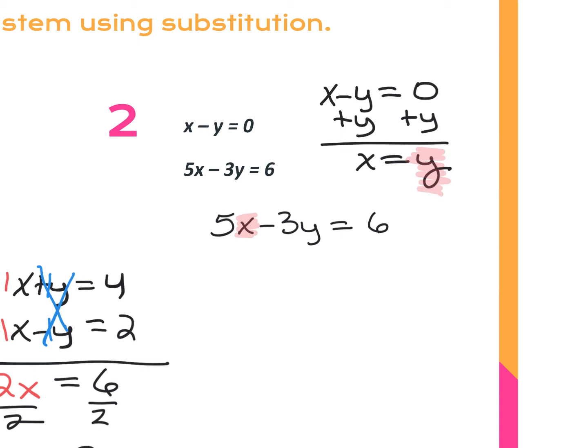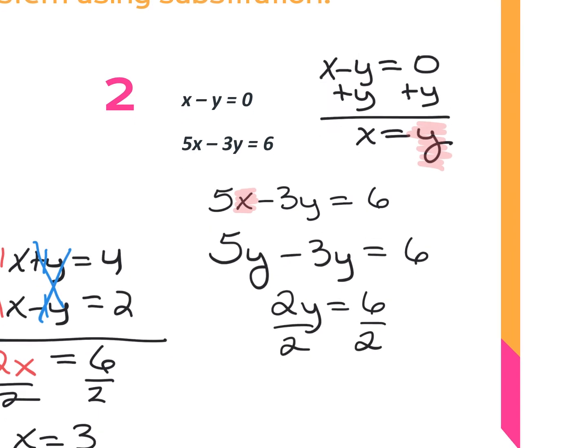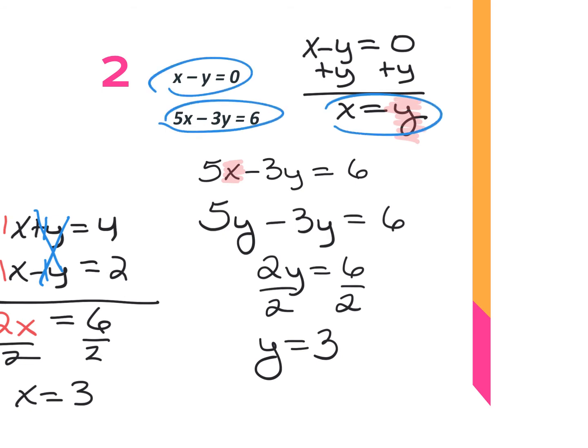So now I get 5y minus 3y equals 6. Add my like terms. Divide by 2. And this time I solved for y first, and y equals 3. Now to get what x equals, again, I can plug it back in to any one of these 3.